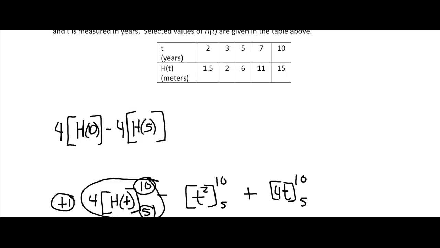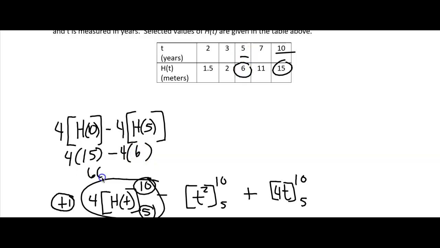Let's go ahead and finish this piece before we move on to the next two pieces. I think it'll get a little confusing if we try to do it all at once. So, all right, what's h of 10? Well, at 10, h is 15. And at 5, h is 6.